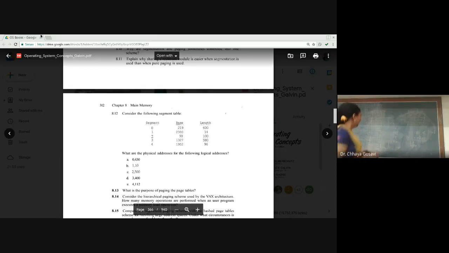So if you go with base and length, base is 100, length is 50. And if you go with limit, then base plus length is the limit. You can't go beyond 150.